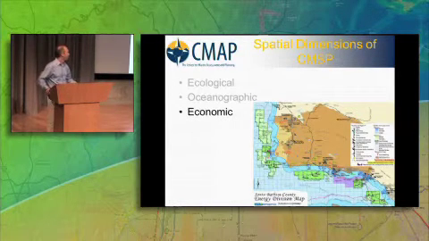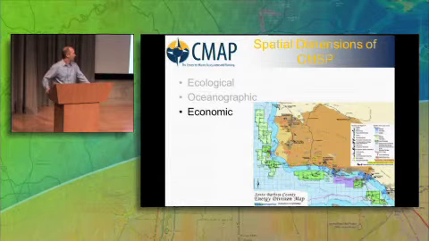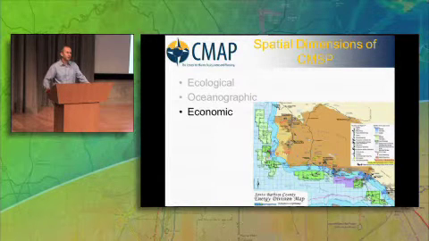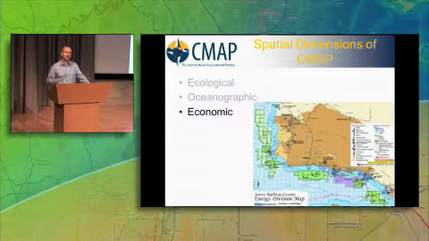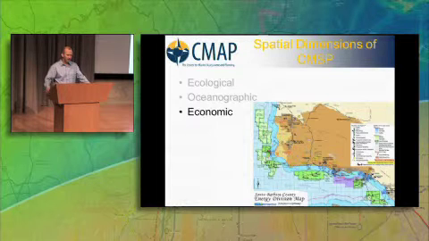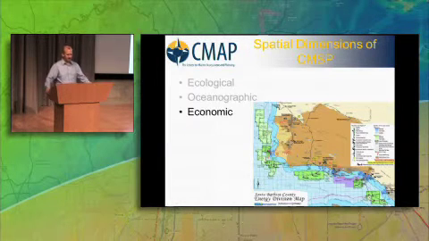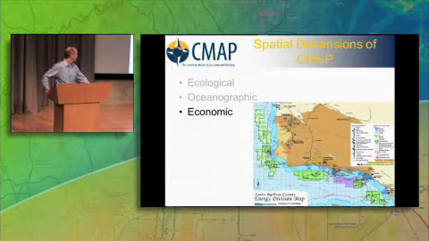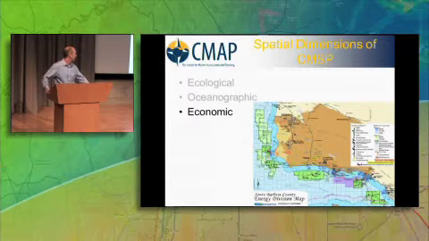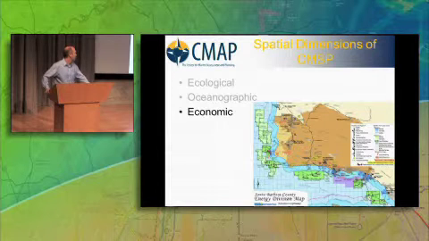But what has traditionally gotten less attention, but is increasingly important in CMSP processes with the focus on services rather than just natural systems, are economic and a few other factors. Here's an example of the spatial pattern of energy leases off the Santa Barbara County coast. You can see there's all sorts of use.